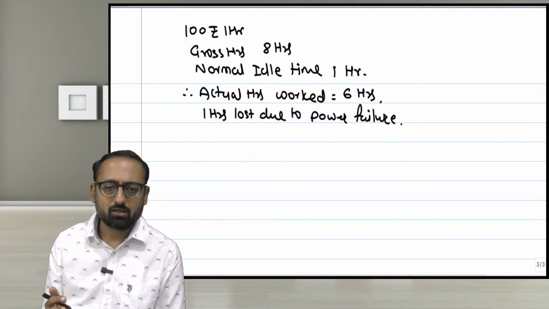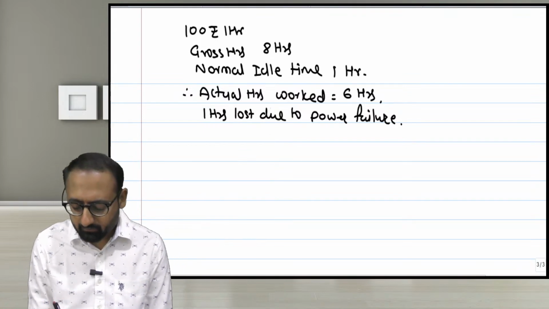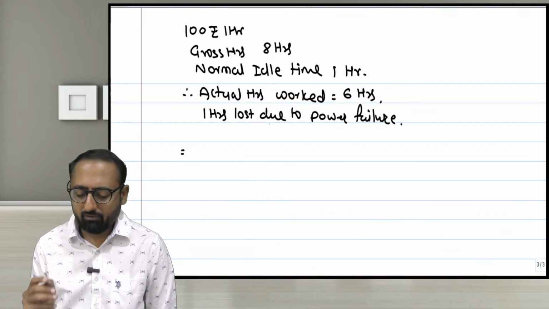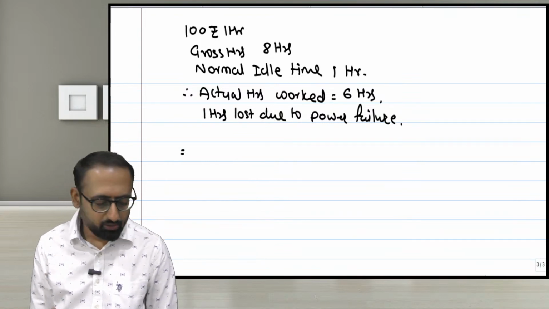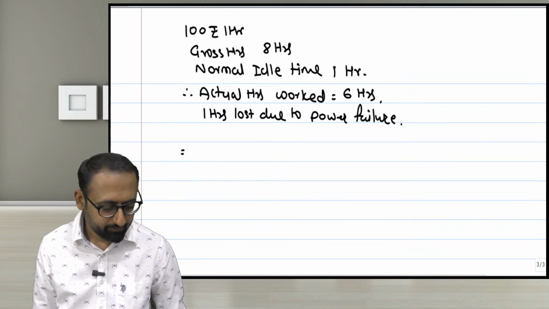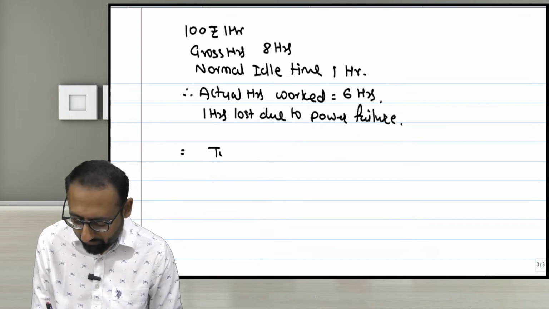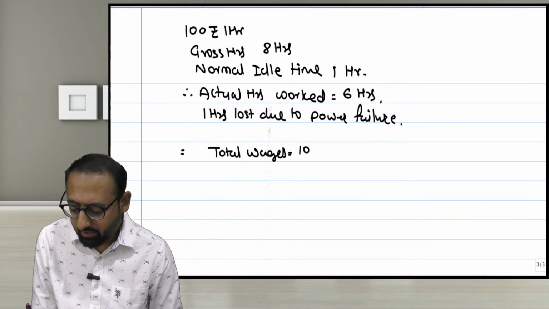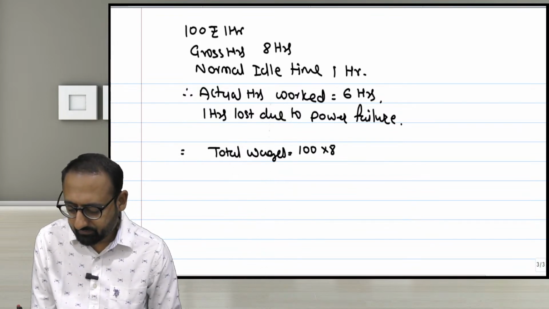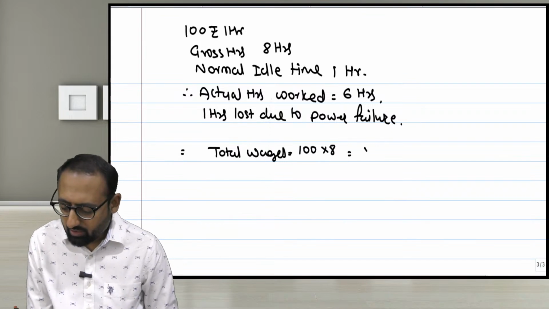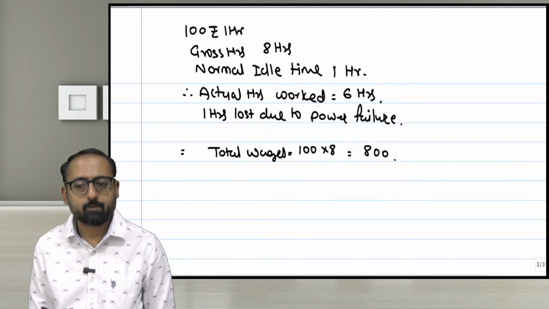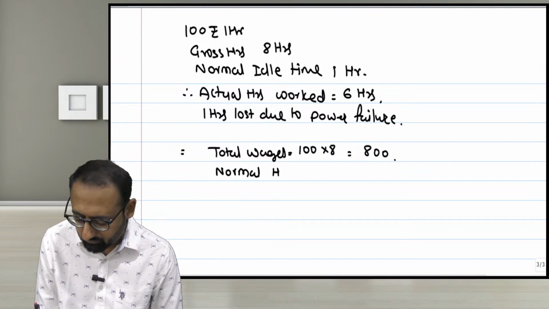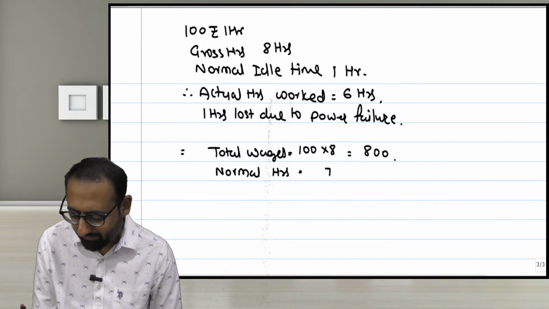Now let's see what the treatment will be. The treatment will be very simple. Total wages are 100 multiplied by 8, so total wages are 800. Normal hours are 7 hours.